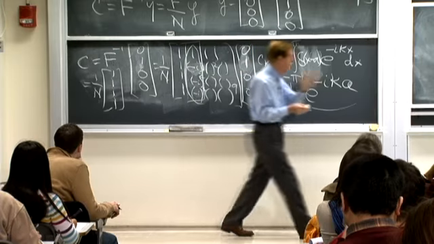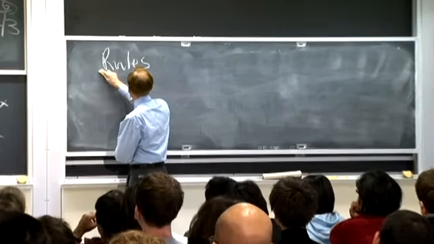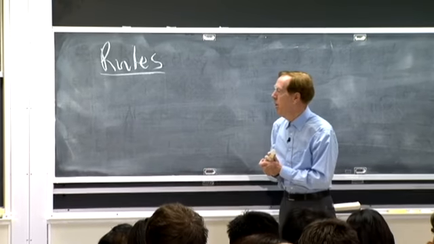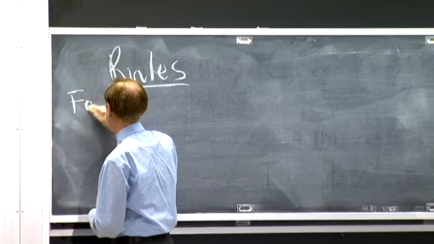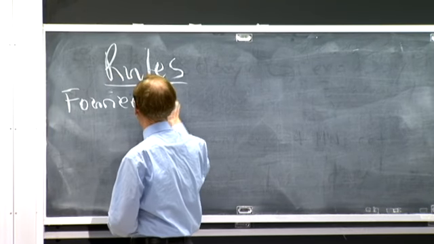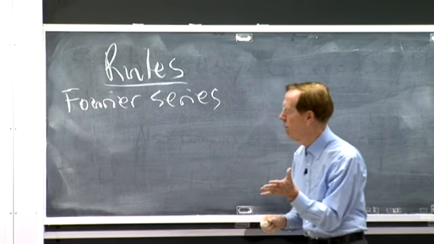So this is so important. These are rules for a Fourier series. Let's just make this a quick review. What were the important rules?